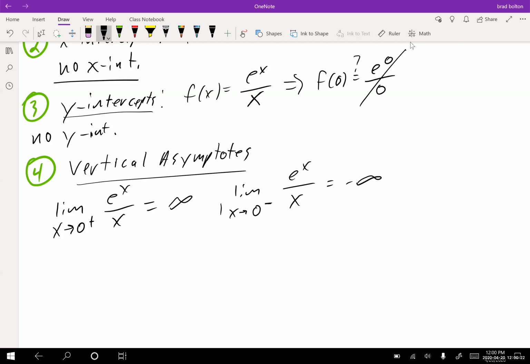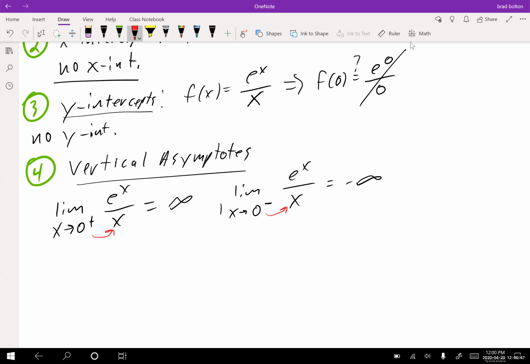And again, you can think about this as you're plugging a number very close to 0 into here. You would get 0.00000001, and e to the 0.0001 is almost 1. 1 divided by something really, really close to 0 becomes infinitely large. And then you could do the same thing with 0 from the left-hand side, plugging negatives in, okay?